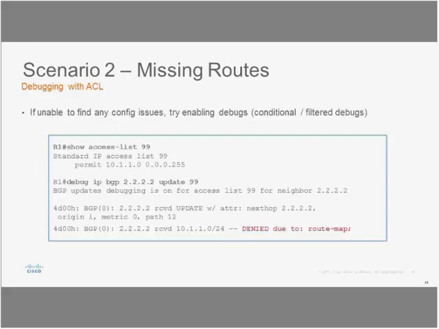Okay, so if you are still not able to receive the routes on R1, here's a quick way you can run conditional debugs. Now, if you run a regular debug ip bgp for a particular neighbor, you will receive a whole lot of updates. Say you are advertising 1,000 prefixes from R2. You will get the update for all those 1,000 prefixes, but you don't want that.